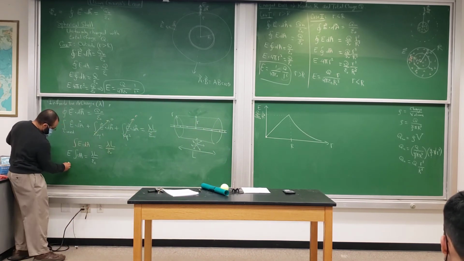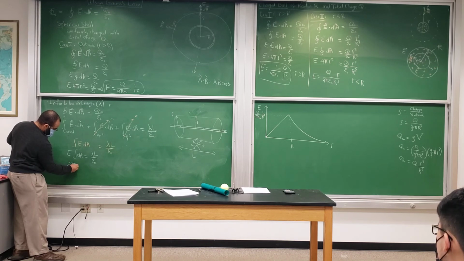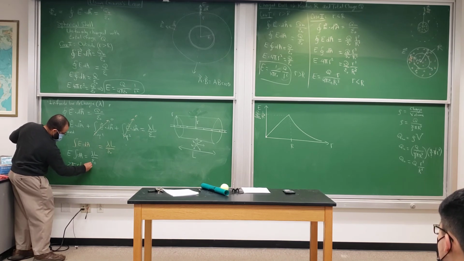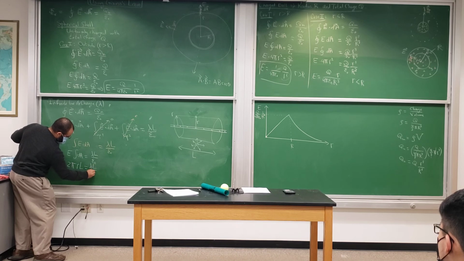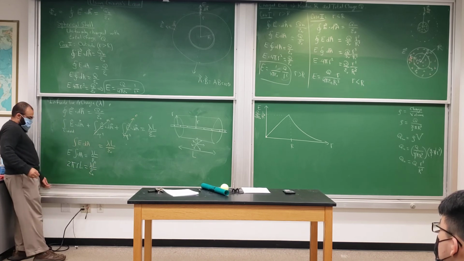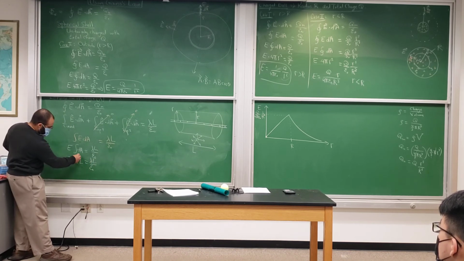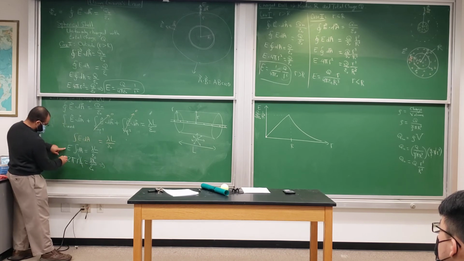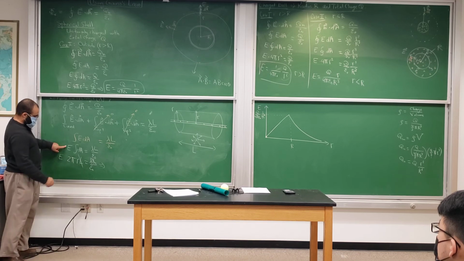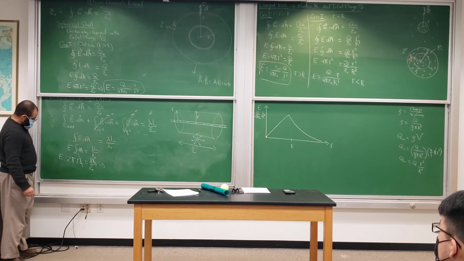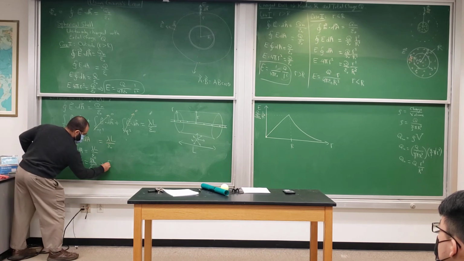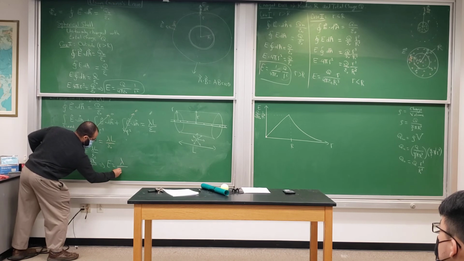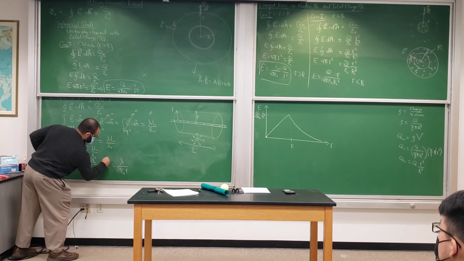So this becomes just E times 2 pi r times L equals lambda L over epsilon naught. And notice the L and the L cancel. So you get E equals lambda over 2 pi epsilon naught times r.